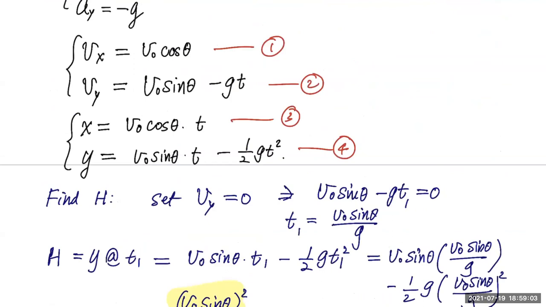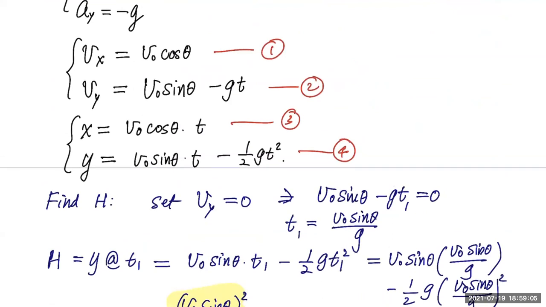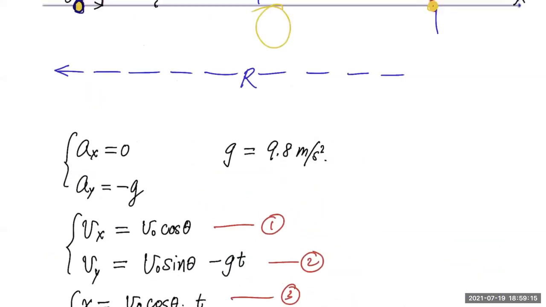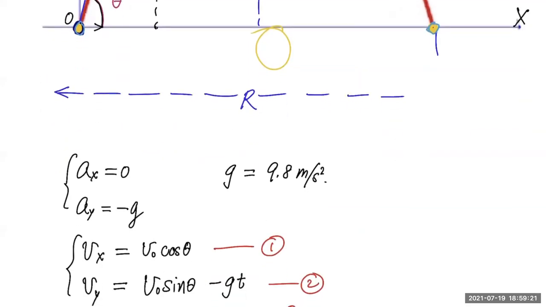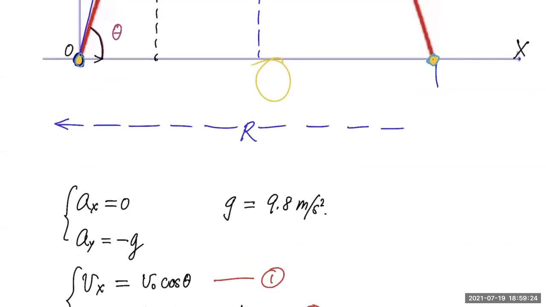Which one of these 4 equations do we use now? Well, it's about how long the thing can stay in air, right? It goes up and it goes down. As soon as it gets back to the same horizontal height, the game is over, right? This is the same height as when it started, right? So you certainly want to look at the y direction. What is so special when the thing lands here? What's so special when the thing lands?